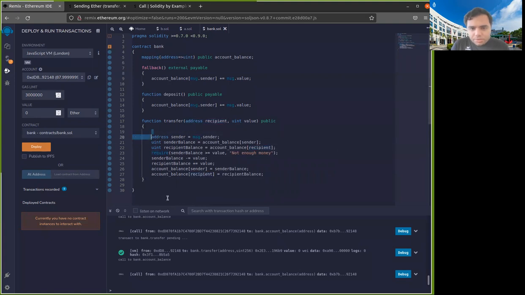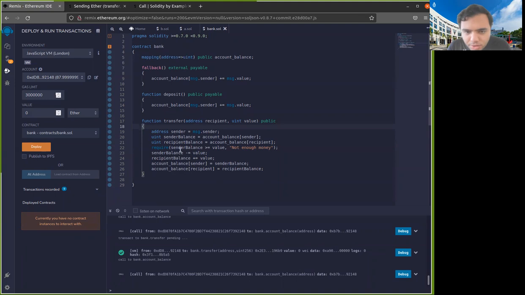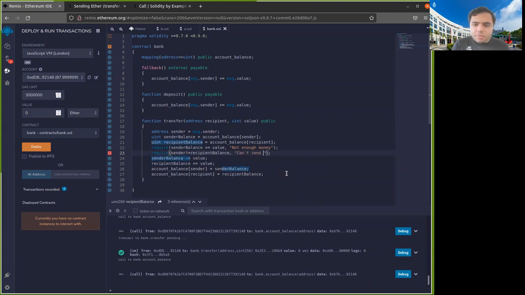Another way is to just write this in a much simpler way and not store these balances into different variables and just directly work with the mapping that we have here. But anyway, so here I'm just going to add another require, which says require sender is not the same as recipient. And if so, just say can't send money to yourself.